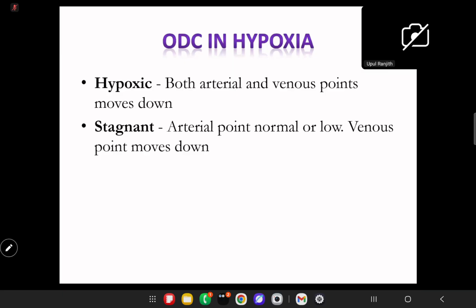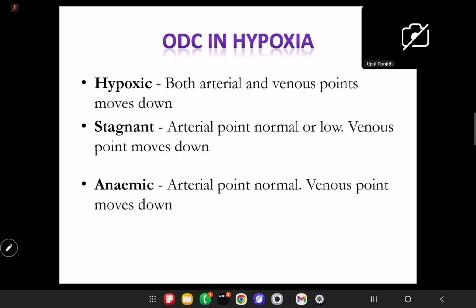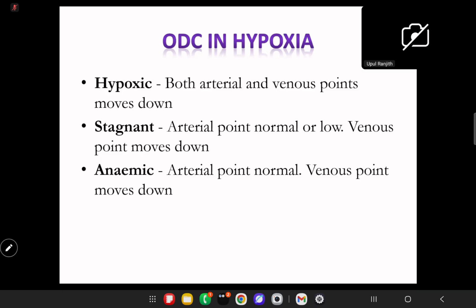But whatever it is, with only 3 liters of cardiac output the oxygen flux is reduced. So when the tissues extract the usual amount they require within that 1 minute, the venous point moves downward. That is what happens in stagnant hypoxia.